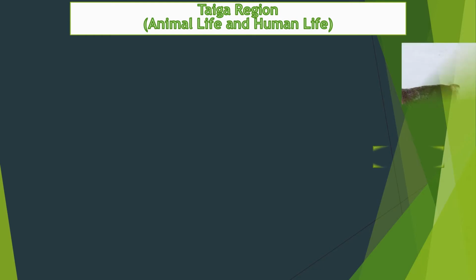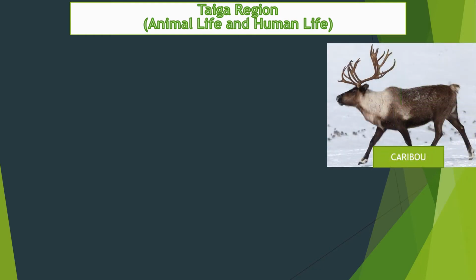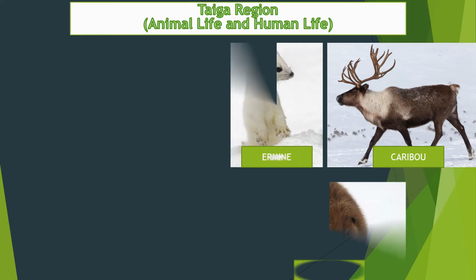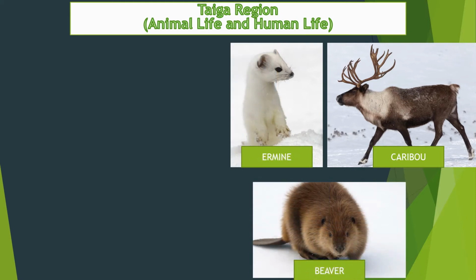One can find caribou, elks, ermine, beavers, silver fox, minks, etc. Moose is the largest type of deer in the world and it is able to survive in the cold weather of the taiga region. The human population in the taiga is very small.